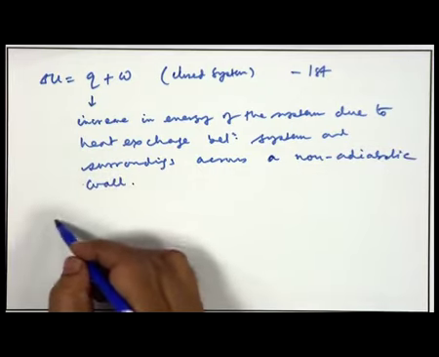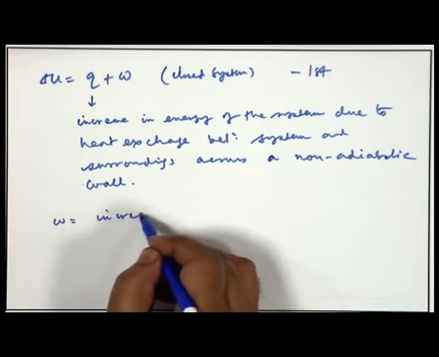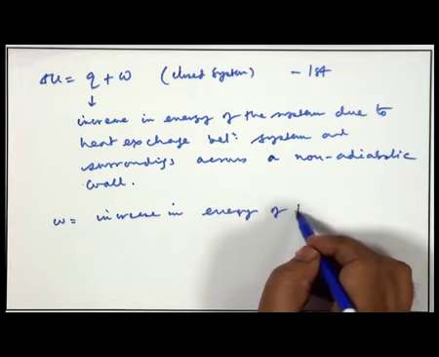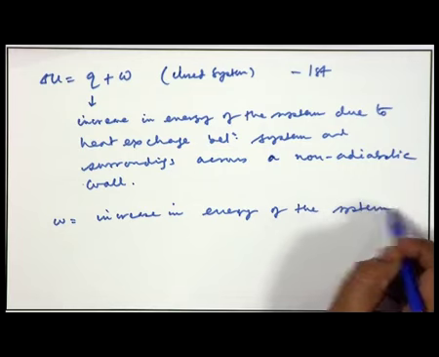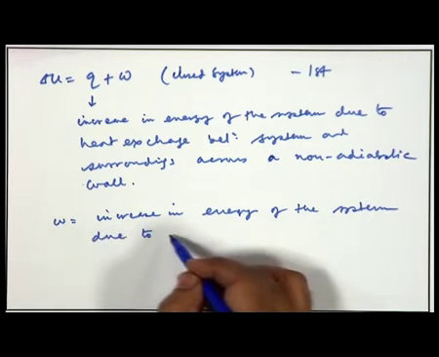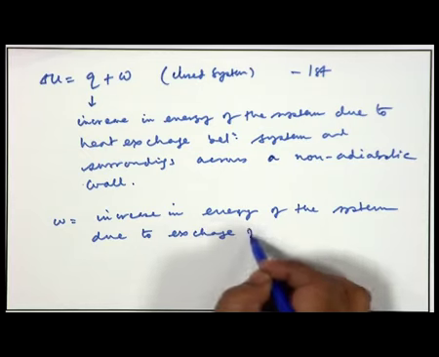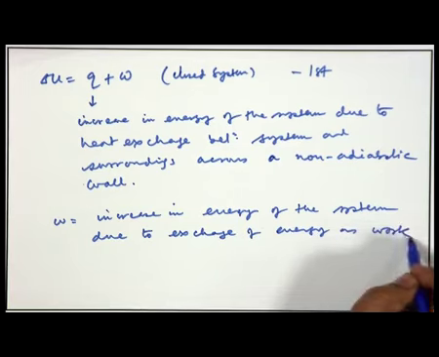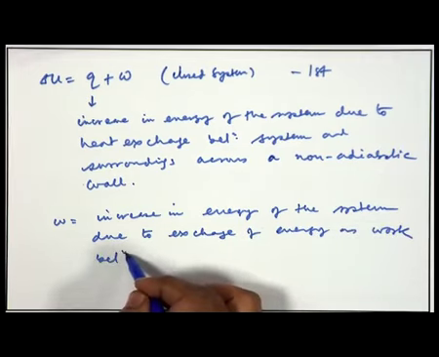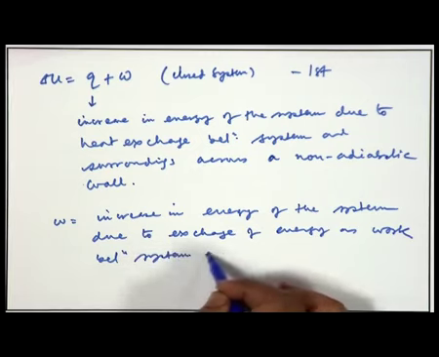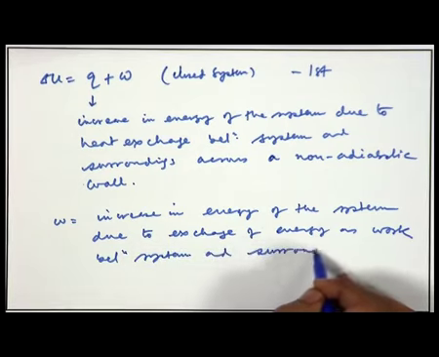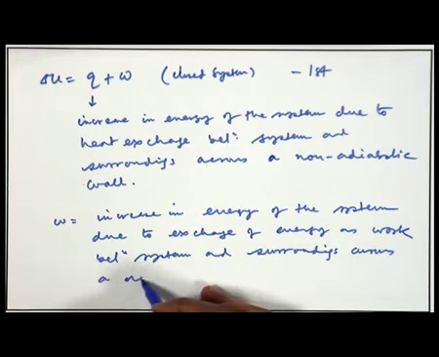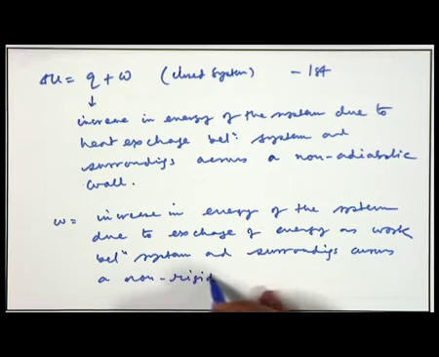Similarly, W is the increase in energy of the system due to exchange of energy as work between system and surroundings across a non-rigid wall.